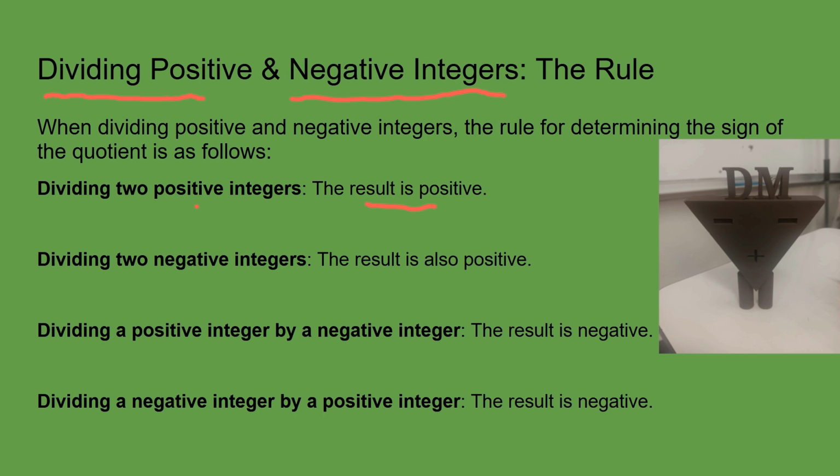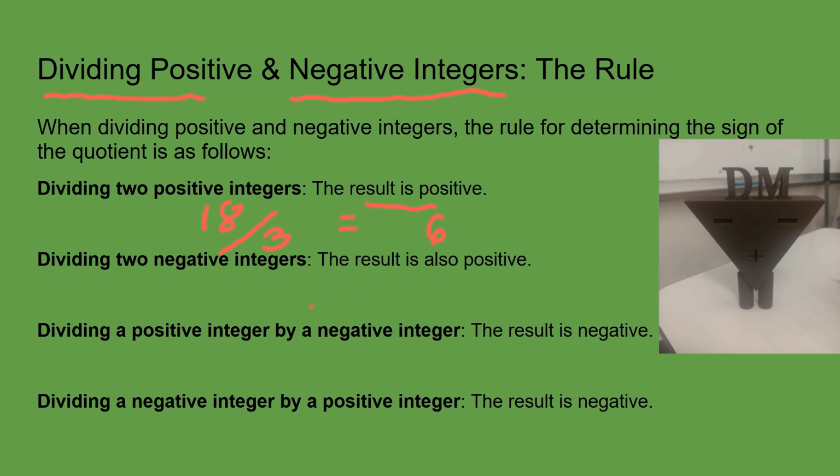For example, 18 divided by 3 will give us 6, because 18 is positive and 3 is positive, so we get a positive quotient of 6.